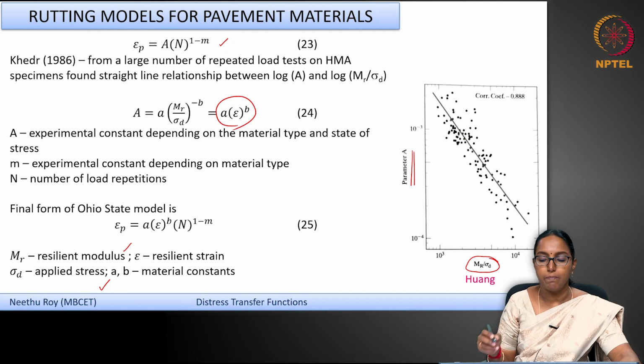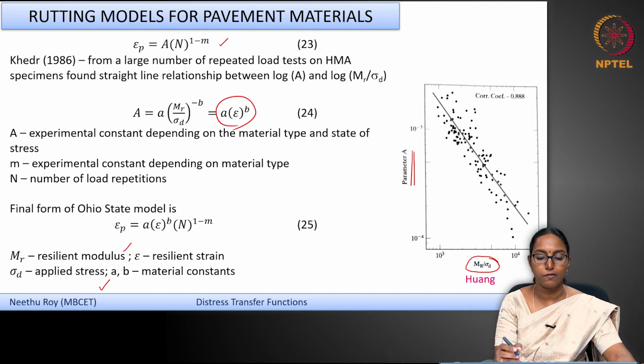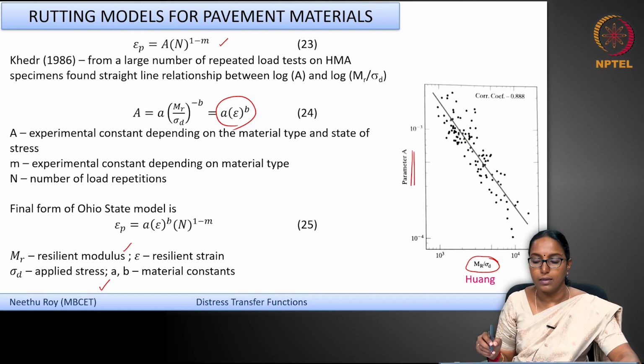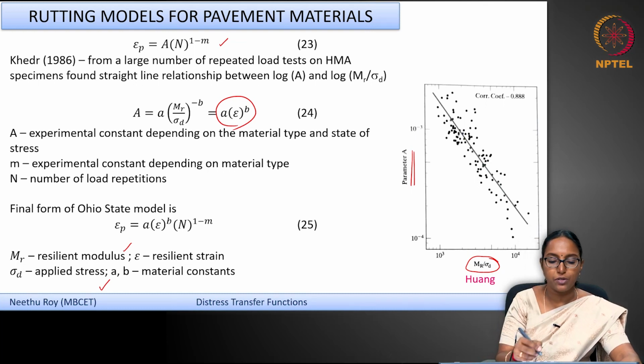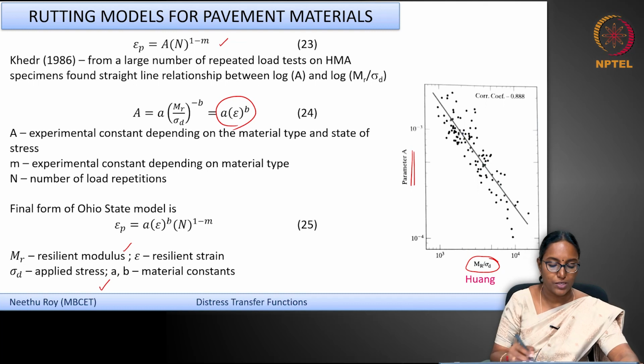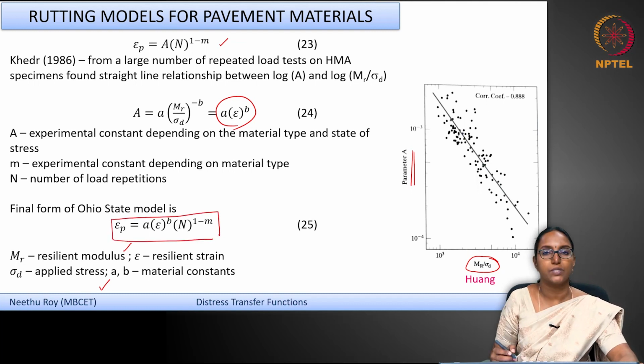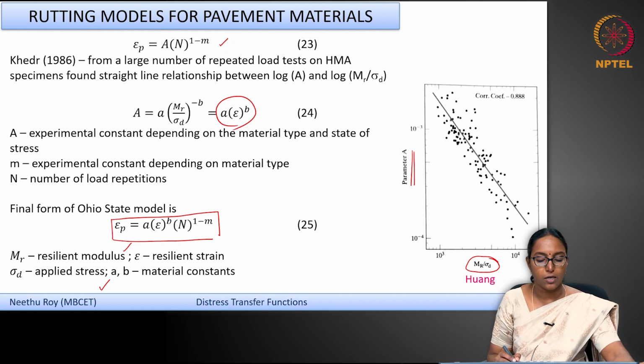So, you have conducted a number of tests on various bituminous mixes to find out these experimental constants of small a and b, or to get this relation between the parameter A and the elastic strain of the material. Now, substituting this in the epsilon P equation, you can see that the final form of the Ohio State model becomes epsilon P is equal to a epsilon raised to b into n raised to 1 minus m.